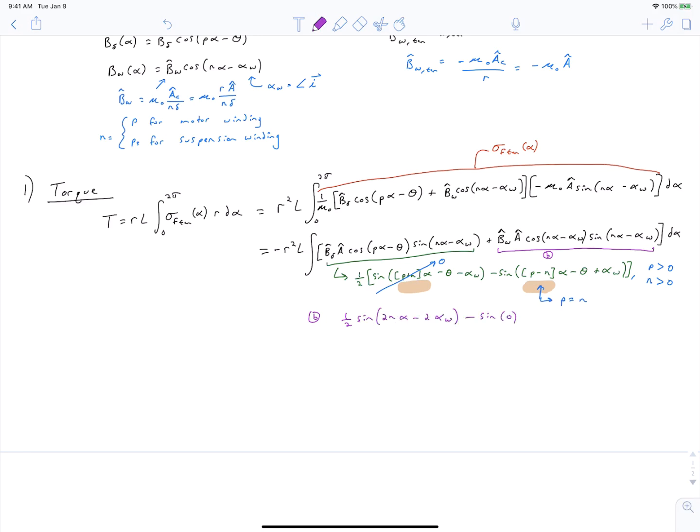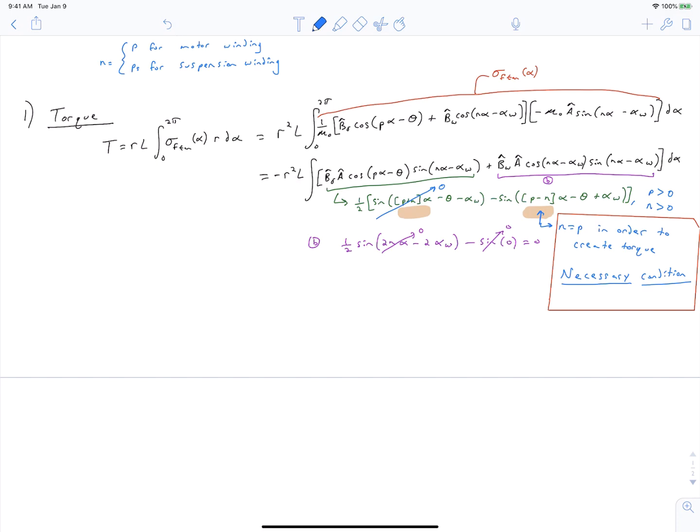And in this set of terms, we see that this is always going to be 0, and so is this. So the only way that we can produce torque is if we meet this condition right here. So we need to have p equals n, or maybe I should write this the other way. We need to have our number of winding pole pairs equal to our number of motor pole pairs in order to create torque. And we already know this. This is just a sanity check, and it's preparing us for the more difficult force calculations.